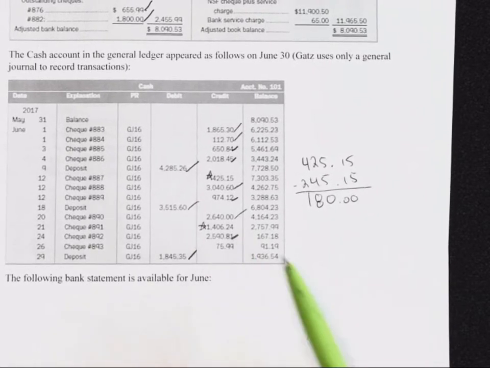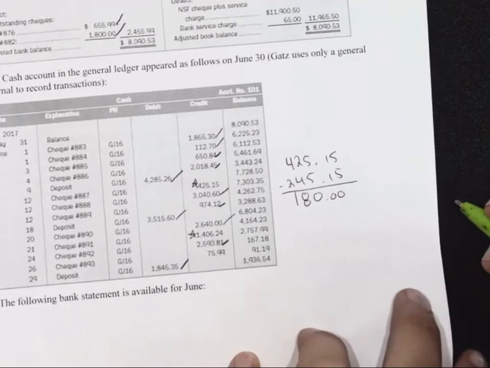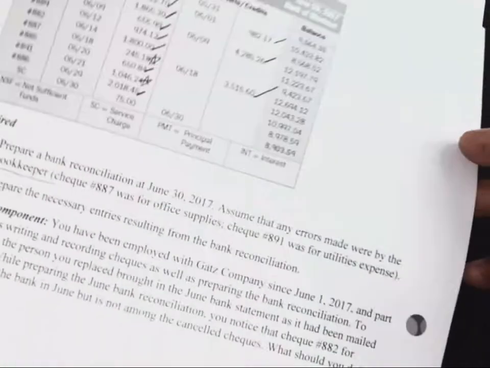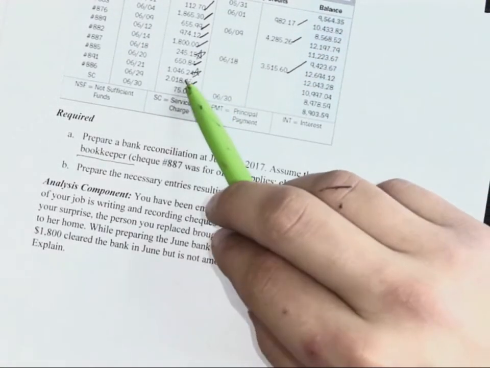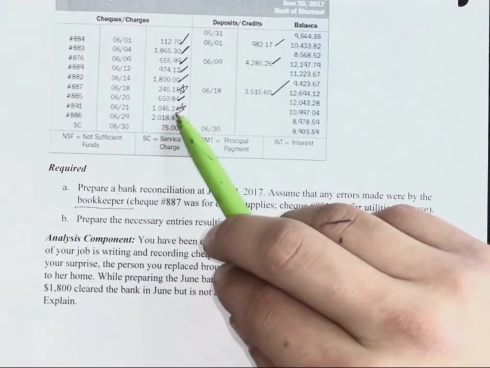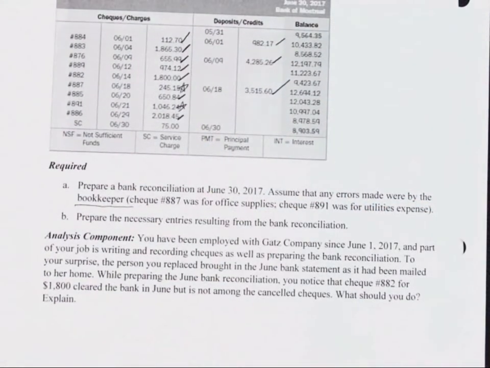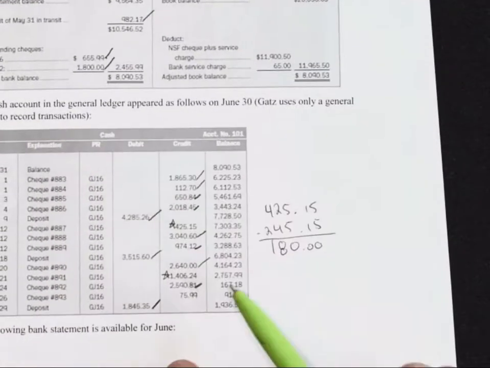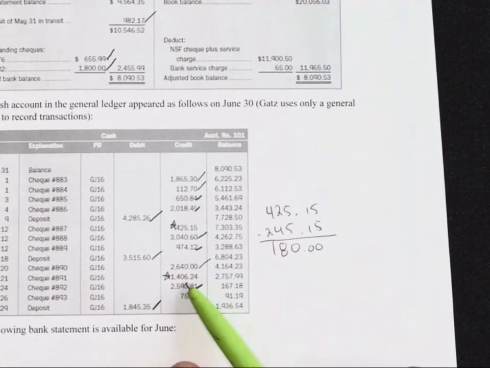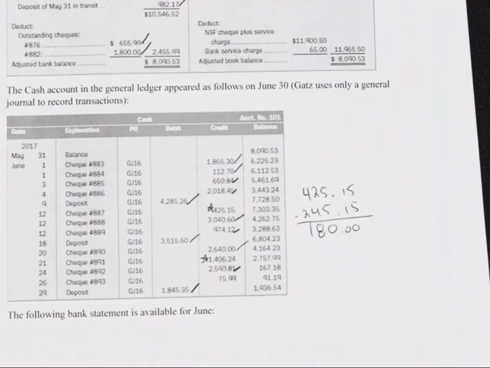How about this one here, 1,406.24? On the bank it said 1,046. So this is correct. This is the right amount on the check, 1,046.24. It says 1,406.24, so we credited more than we were supposed to.